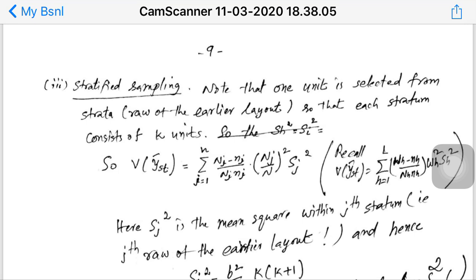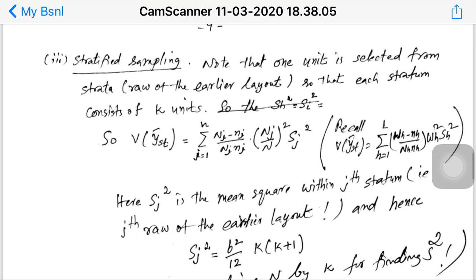Here you can see the variance of stratified random sampling as summation over j equal to 1 to n, capital Nj minus small nj divided by capital Nj into small nj, into (Nj divided by N) the whole square, into Sj square.